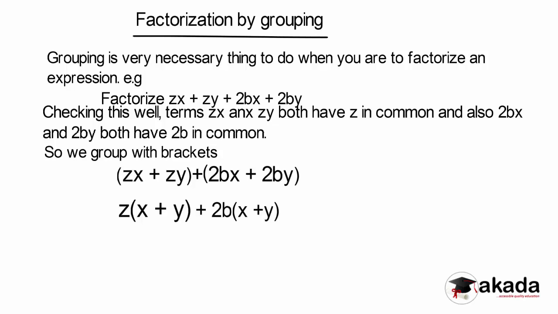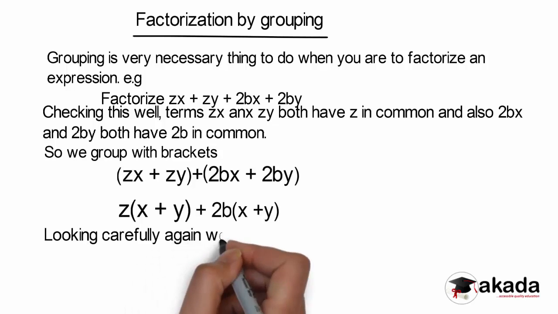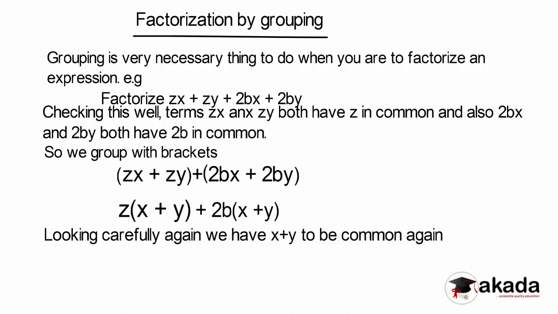So we can still solve this further. If we look carefully again, now we have x + y to be common to both again. So we bring out x + y, and we are left with z in the first term and 2b in the second term. So we group them together, so we have (x + y)(z + 2b).